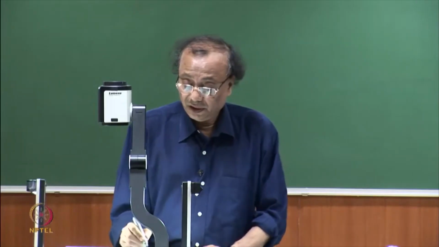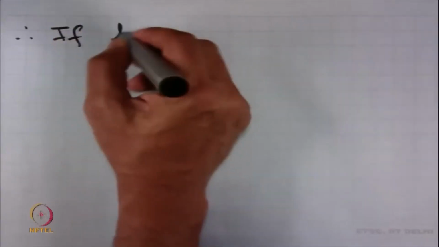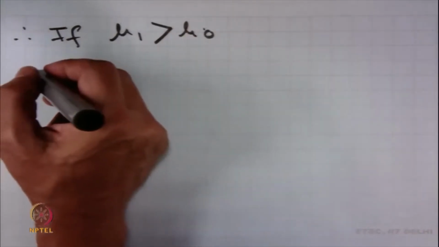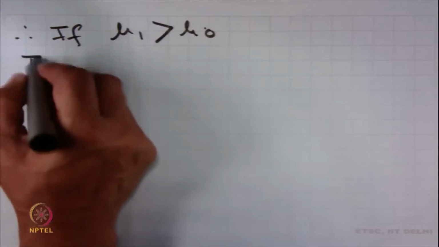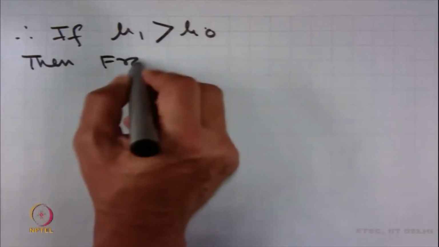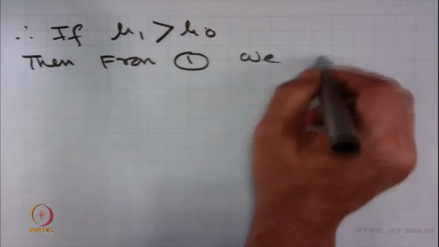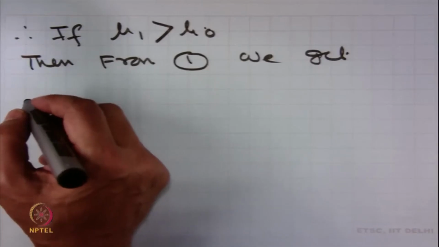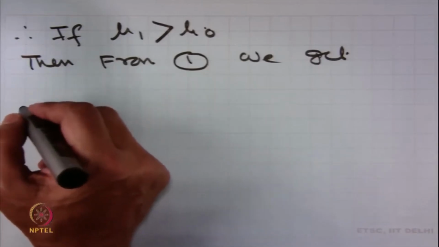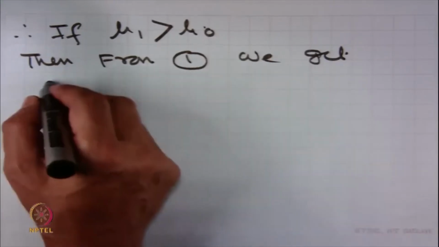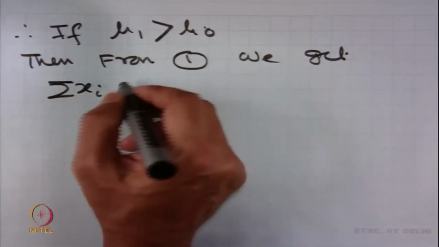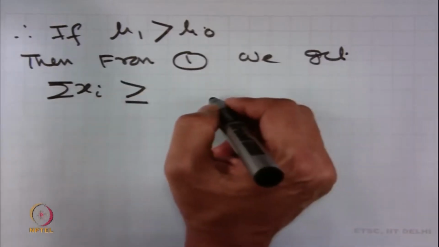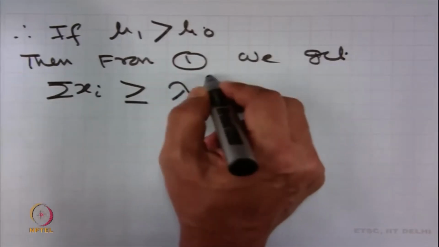Therefore, if mu 1 is greater than mu naught, then from 1, if we divide both the sides by mu 1 minus mu naught, which is positive, we get that sigma xi has to be greater than or equal to some constant lambda 1 prime.